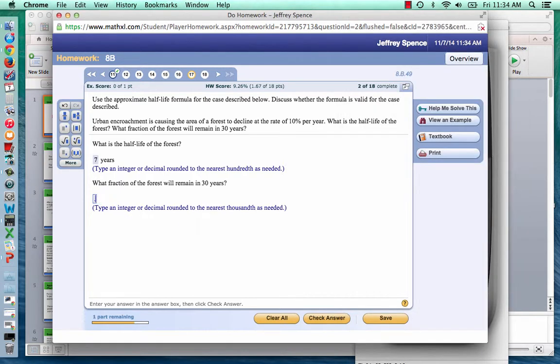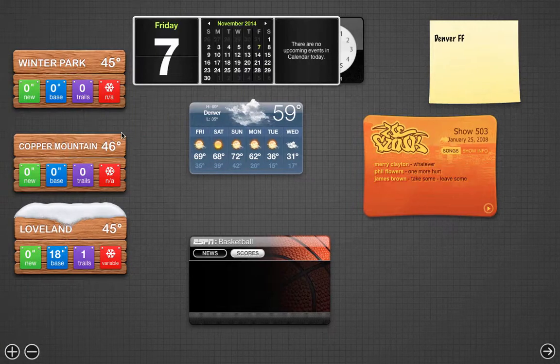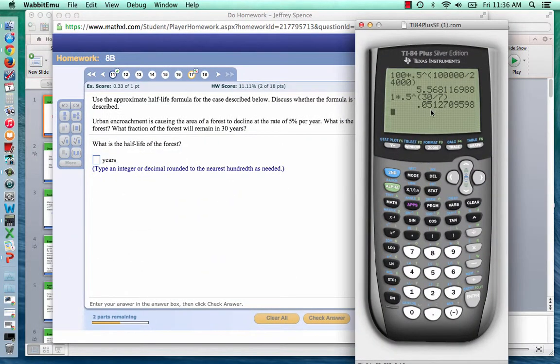My answer was that I wasn't rounding to the nearest thousandth, I was rounding to the nearest hundredth. So the answer, if we rounded to the nearest thousandth, would have been 0.051. They were looking for 0.051 and I gave 0.05, so excuse me there.